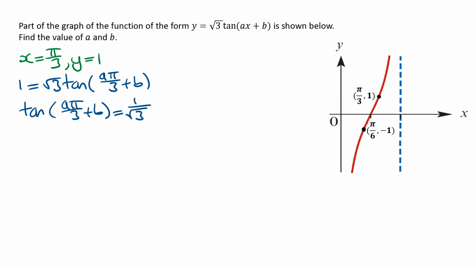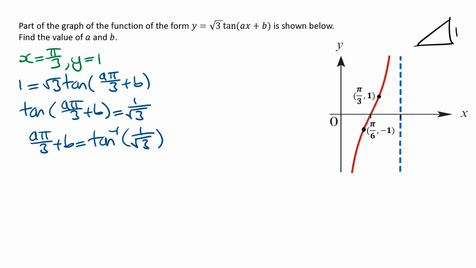And so the angle a pi on 3 plus b is going to equal tan inverse of 1 on root 3. From here, if we draw our basic triangle, 1, 2 and root 3, this angle here is pi on 6 and this is pi on 3. And so tan of pi on 6 is equal to 1 on root 3, which is opposite over adjacent.